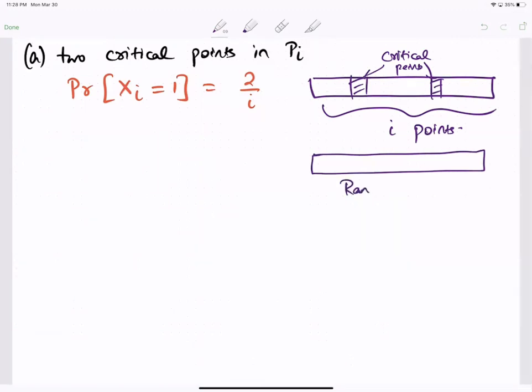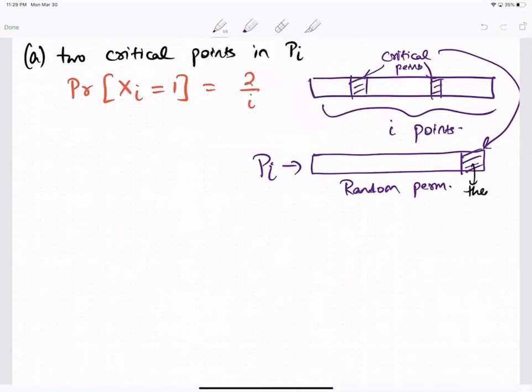So our Pi is basically a random permutation. And we want one of these critical points to land in the end. Only when it lands in the end will xi be equal to 1.